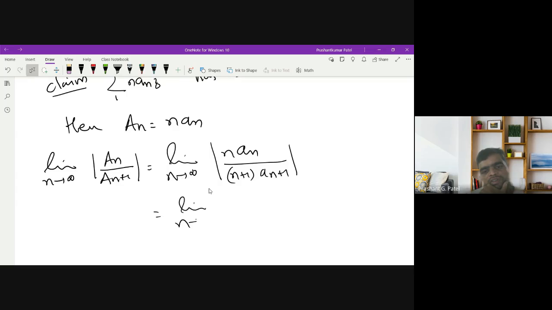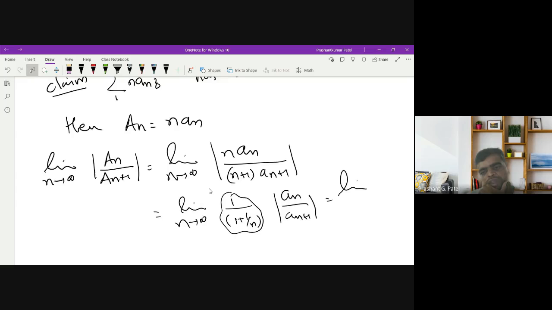So this is the limit of 1 upon 1 plus 1 by n, into a_n upon a_(n+1). The quantity 1 upon 1 plus 1 by n will tend to 1 as n tends to infinity.